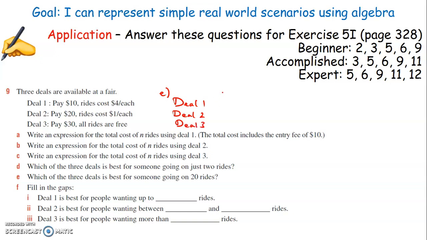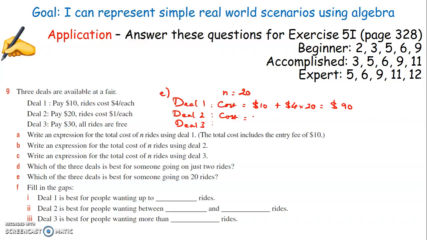For n, this time n is 20. All right, so for deal number 1, we have $10 entry fee plus $4 times 20 rides. Okay, so 4 times 20, that's 80. 80 plus 10, that's $90. That is a lot of money.